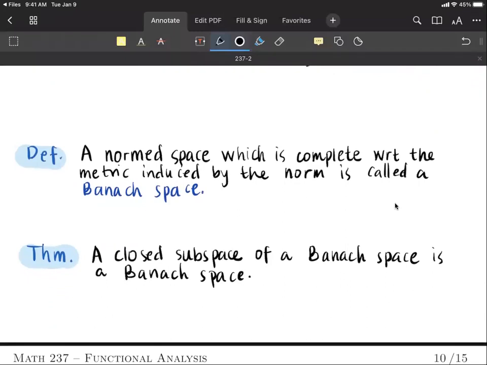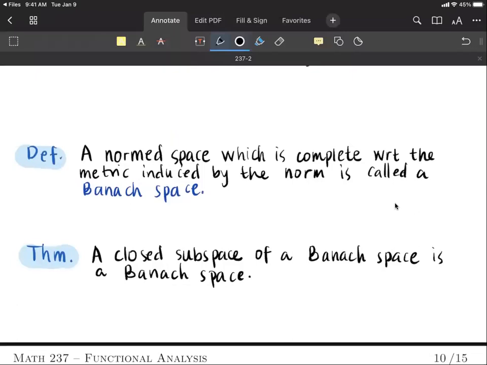So a closed subspace of a Banach space is also a Banach space. Well, this follows immediately from the previous theorem that we have shown, that a closed subspace of a complete metric space is complete.